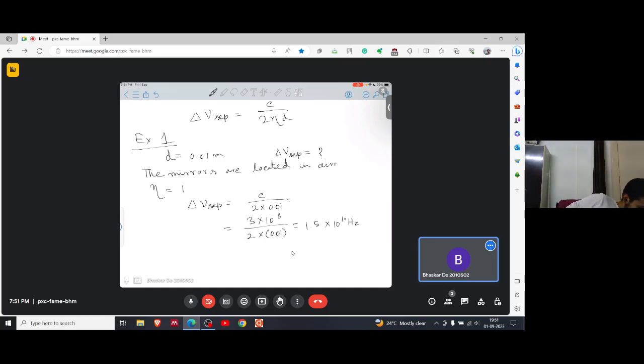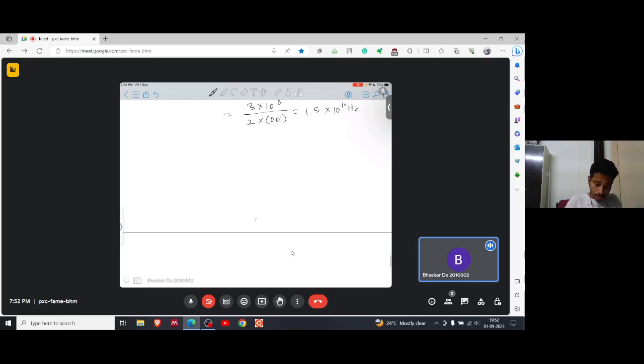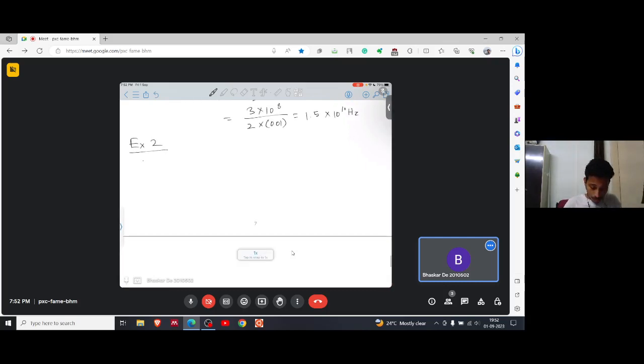Now I will do another example: compute the FWHM frequency line width for an FP cavity.